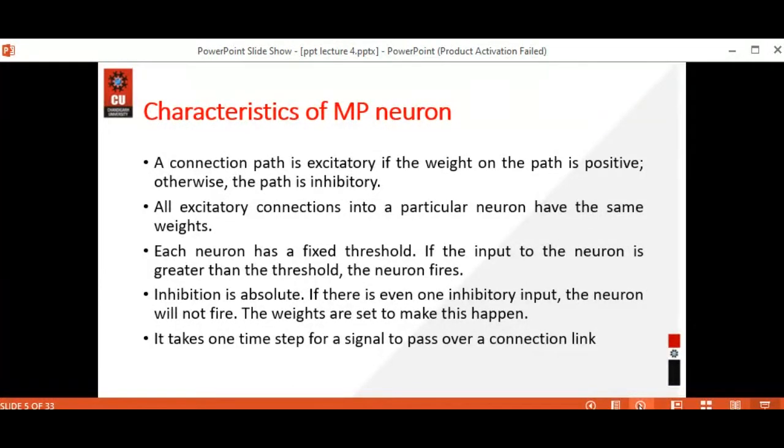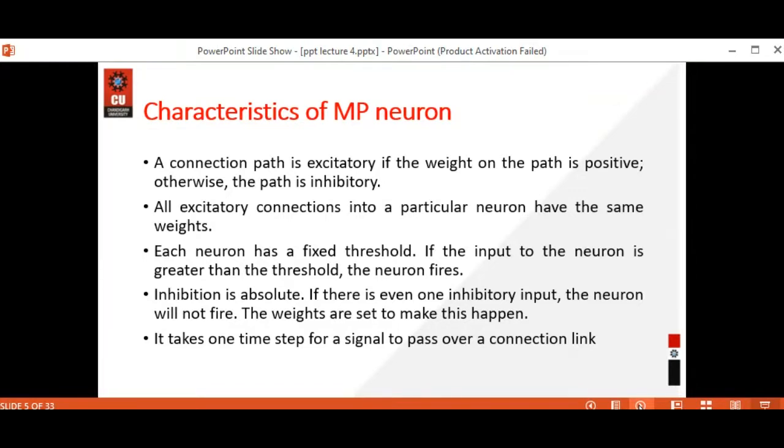Another important thing about the MP neuron is that while designing it, all excitatory weights need to be of the same value, and all inhibitory weights need to be of the same value. We will understand this if I am connecting 4 inputs and all weights I am taking positive, all weights will be equal. If I am taking the weight value equal to 1, it will be so for all the inputs.